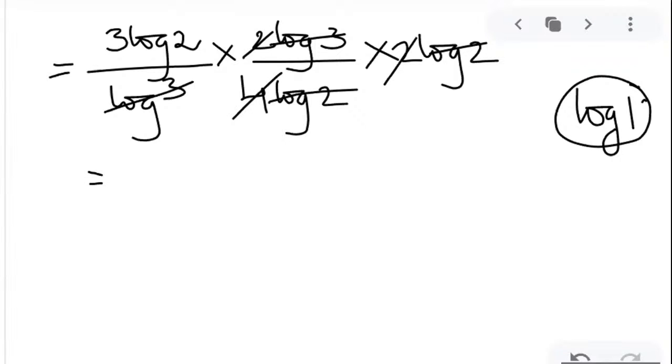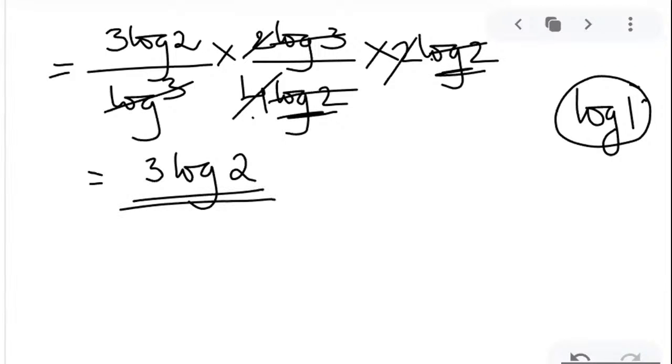Bhavani? 3 into... 2 2s are 4 is cancelled. Into log 2. This log 2 is cancelled, but the other log 2 is not cancelled. Okay. So my answer is 3 log 2.